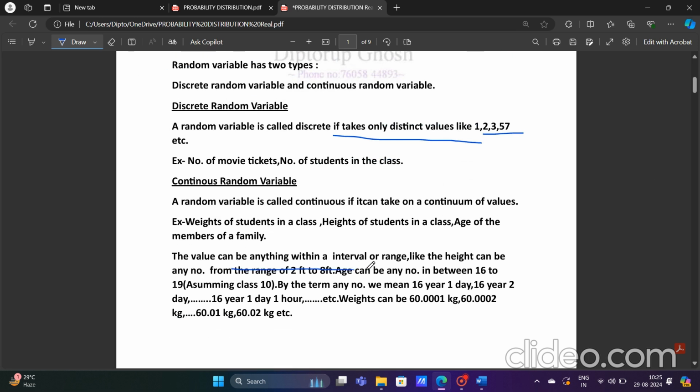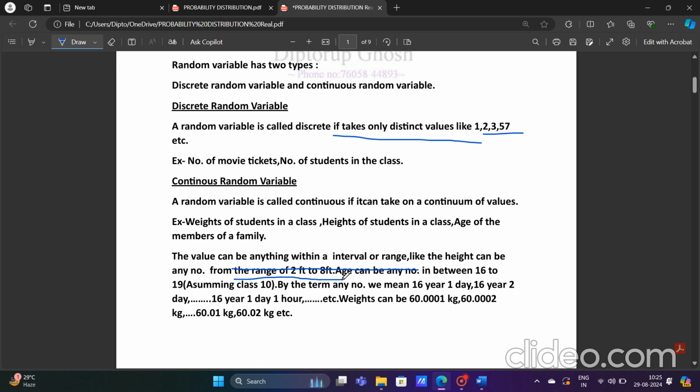As it is written here, the value can be anything within an interval or range, like the height can be any number from the range of 2 feet to 8 feet, if I assume that height is in between 2 feet to 8 feet in general. Age can be any number in between 16 to 19, assuming class 10. In class 10, I may find a student who has the age of 16 years 2 months and 5 days.